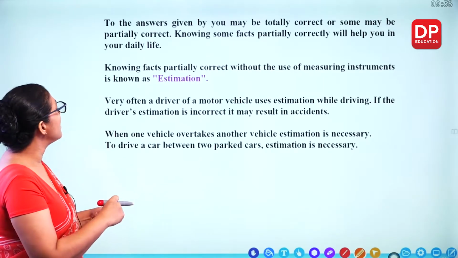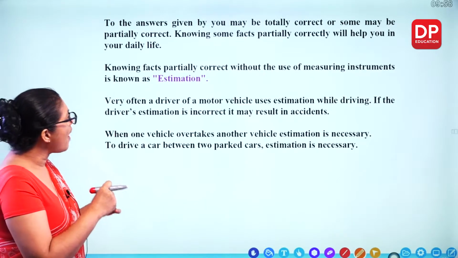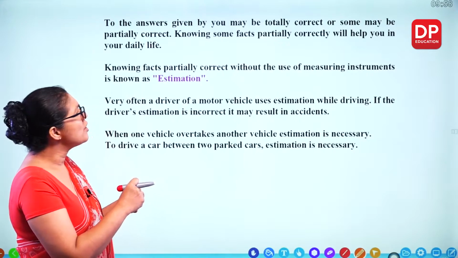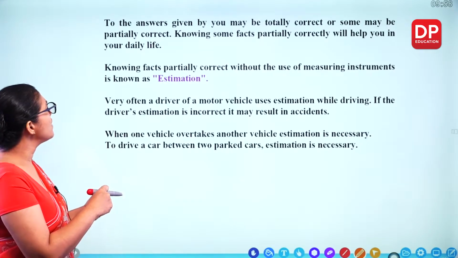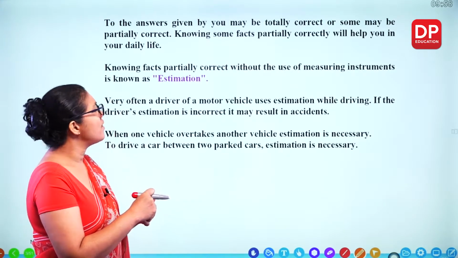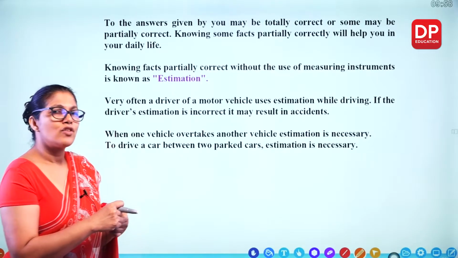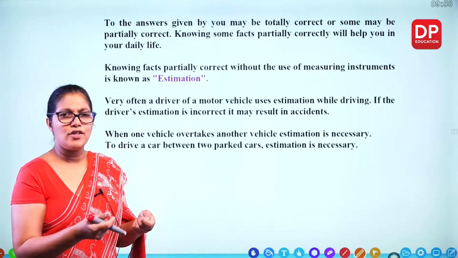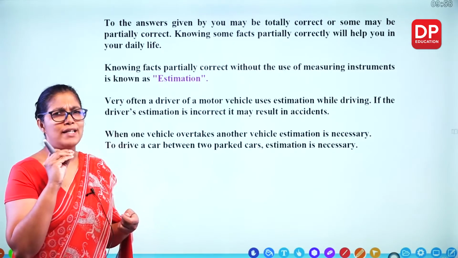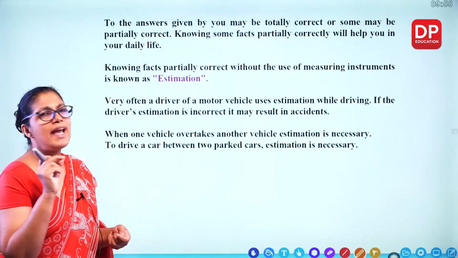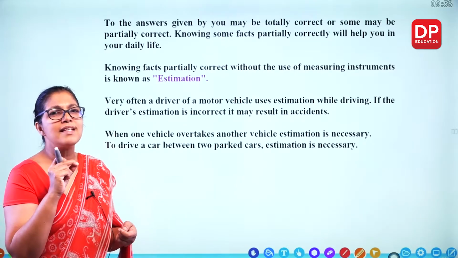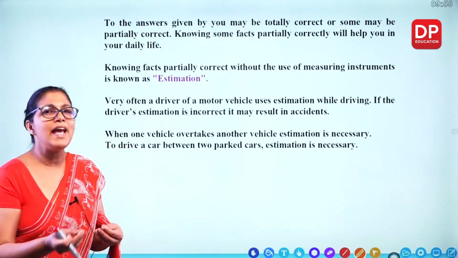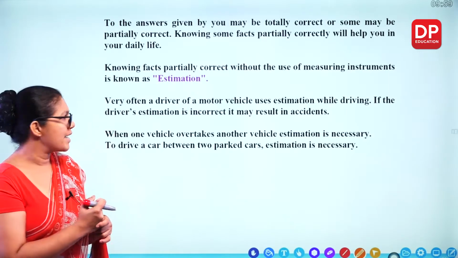So you don't need that. Knowing facts partially correct without the use of measuring instruments is known as estimation. So we don't use any instruments to measure. So you can say rough values. So in this lesson, we are trying to estimate values without measuring.